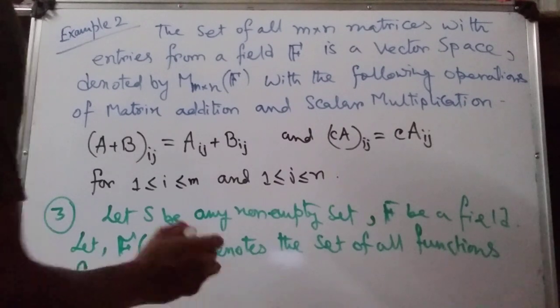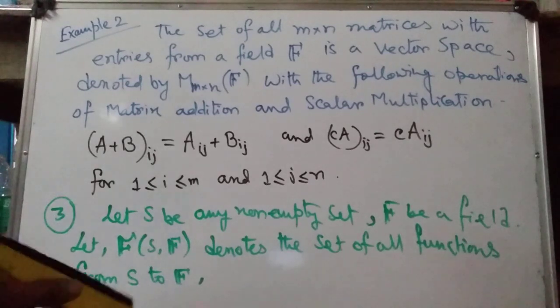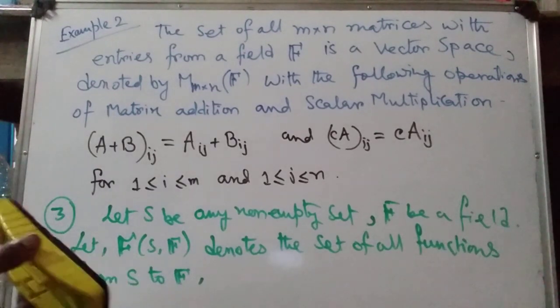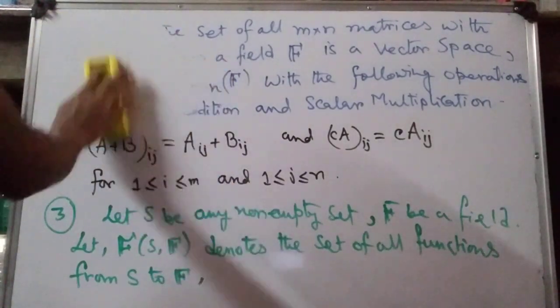Then two functions f and g in F^S are equal if f(s) is equal to g(s) for each s belonging to S. So we erase this portion and go on to further discussion.